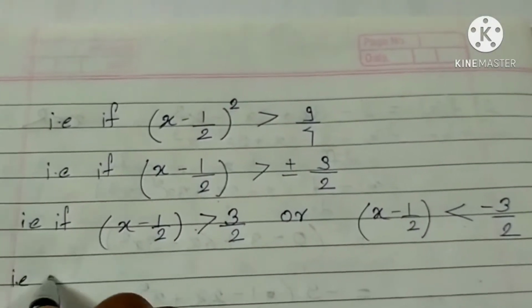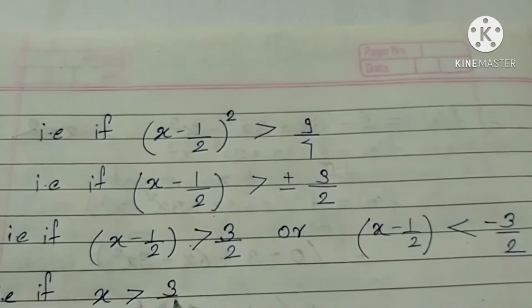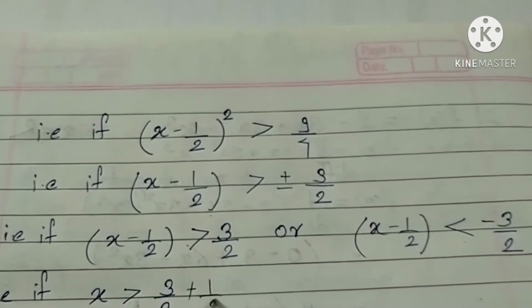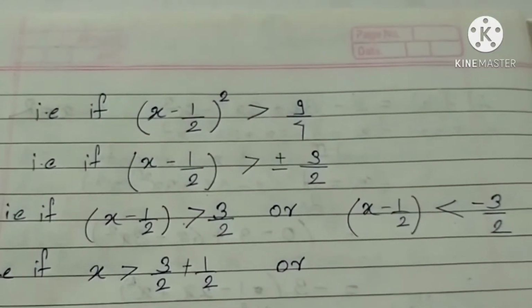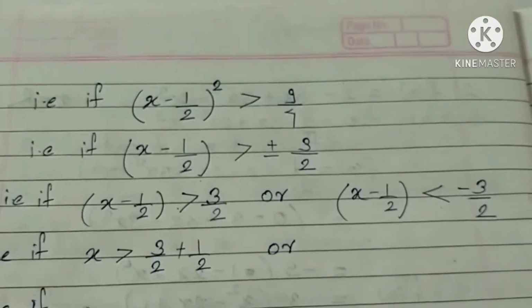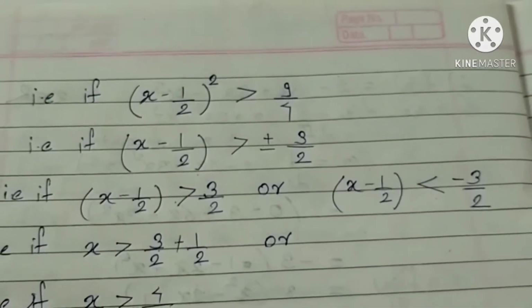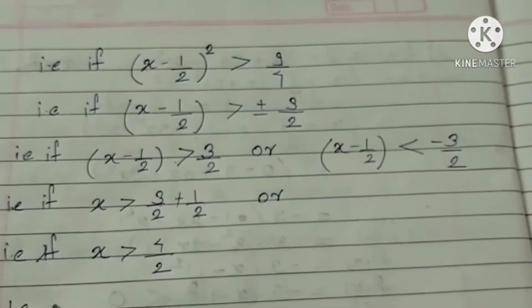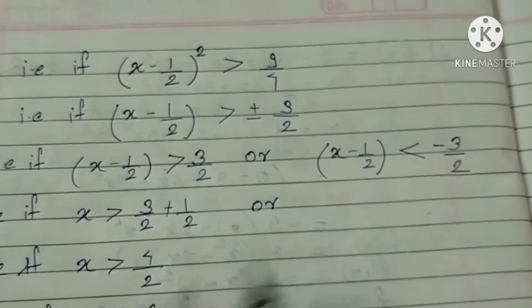That is if x is greater than 3 by 2 plus 1 by 2, that is if we solve one by one. So 3 plus 1 is 4 and 4 upon 2, that is, 2 2s are 4, so it is 2.